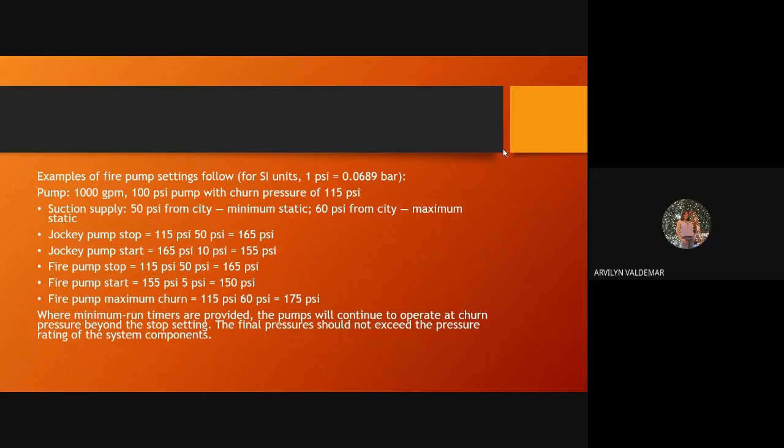Suction supply, PSI from CT, minimum static, 60 PSI from CT, maximum static. For jockey pump stop, 115 PSI plus 50 PSI equals 165 PSI. What is that jockey pump?